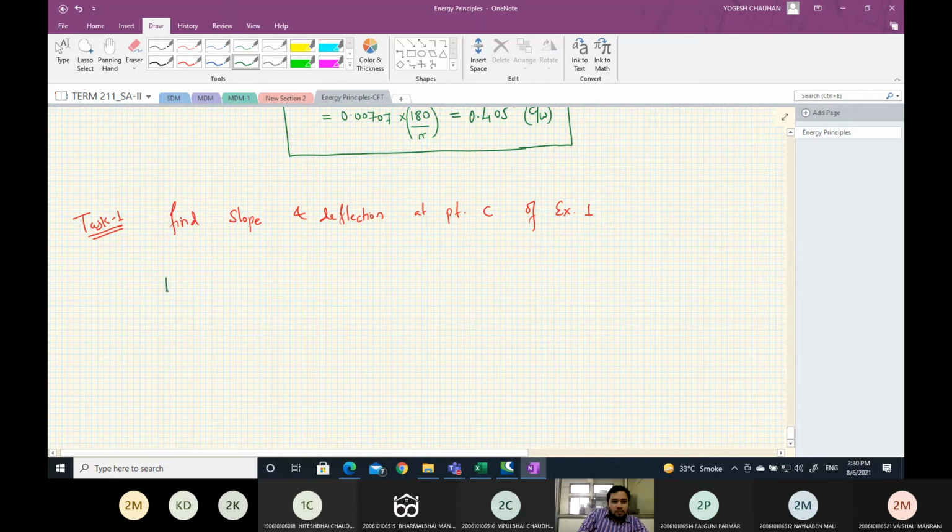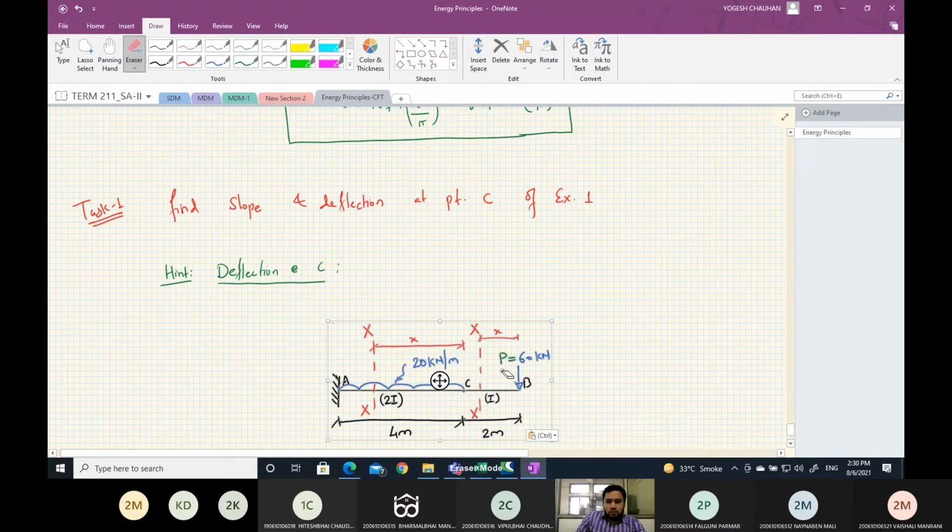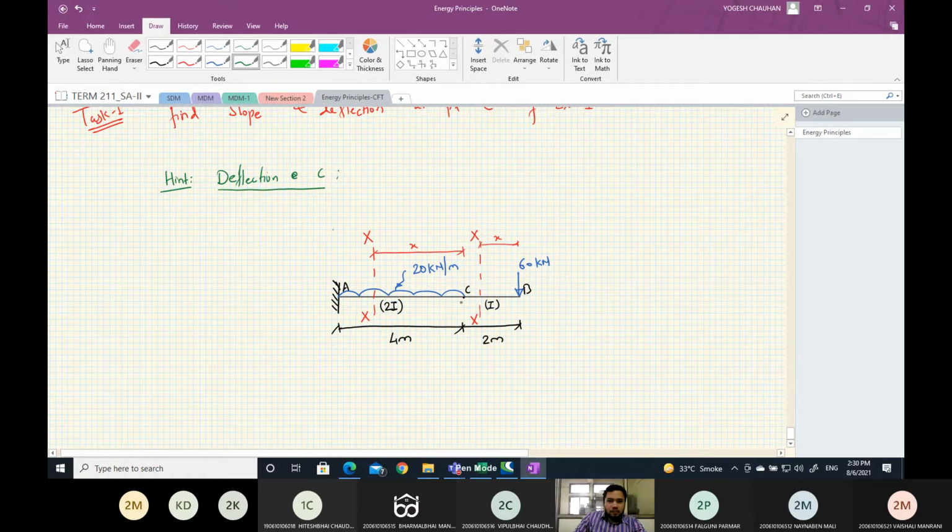There is a hint. To find the deflection at C, you should apply a fictitious point load there, whose value will be P equals to 0 kilonewton, and then you formulate an expression of moments, and later on substituting, integrating, and then substituting the value of P as 0, you will get the deflection at C.